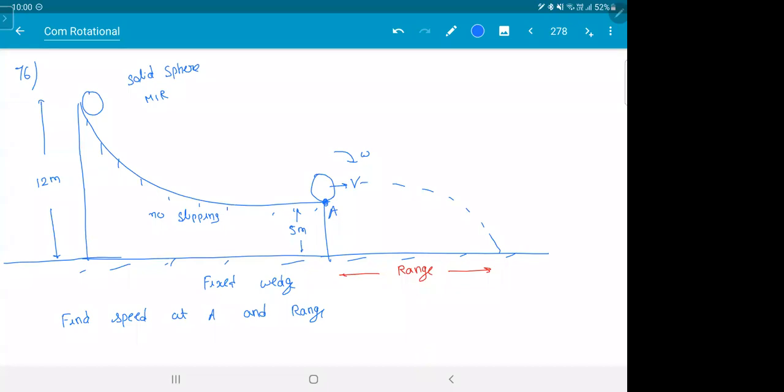Try. I'll give you 3-4 minutes. Everyone should give it a try. Finding speed at A is easy. We have done that. Range is a little tricky. Let's see how much you remember.